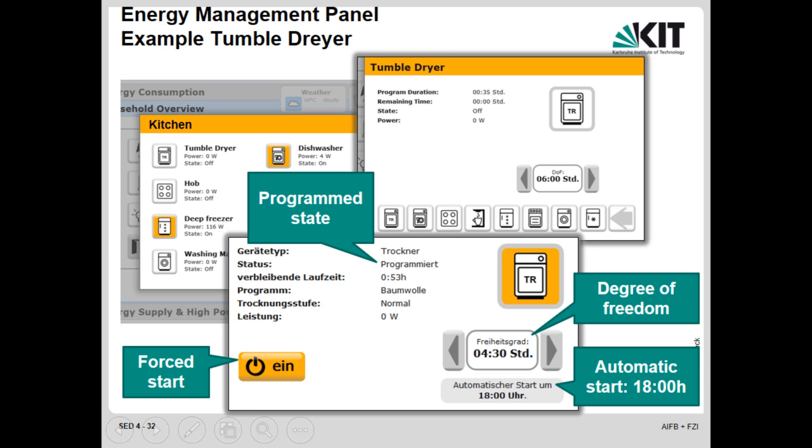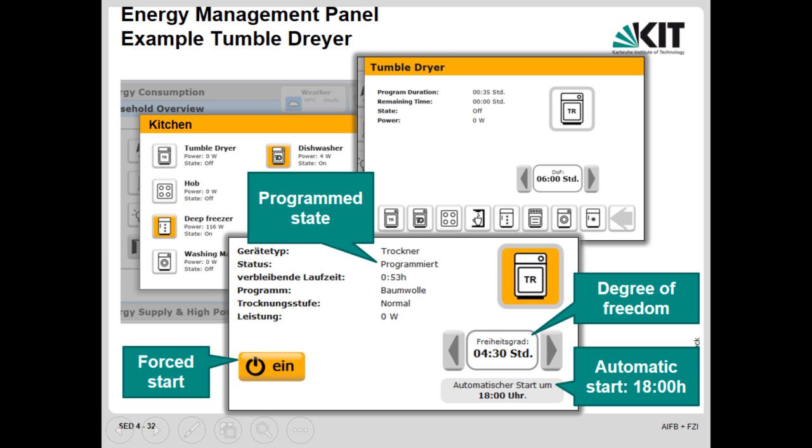So there is a tumble dryer, kitchen, and so on. Here, for example, the tumble dryer. And there what you see again is the degree of freedom that we can adjust. And then here it says automatic start at 6 p.m. Now, this information is displayed as a response to there is a request for running that machine.